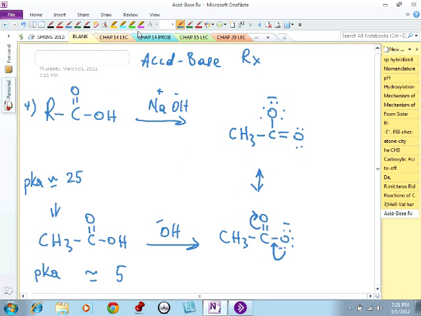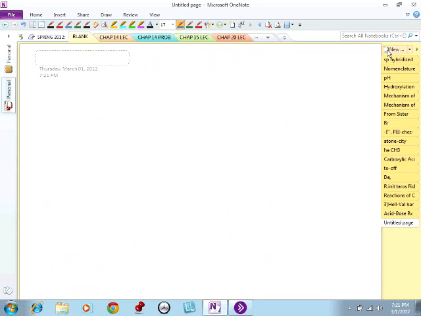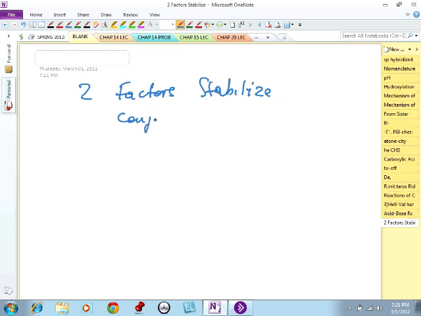So another aspect of acidity. There are two factors that will stabilize our conjugate base.